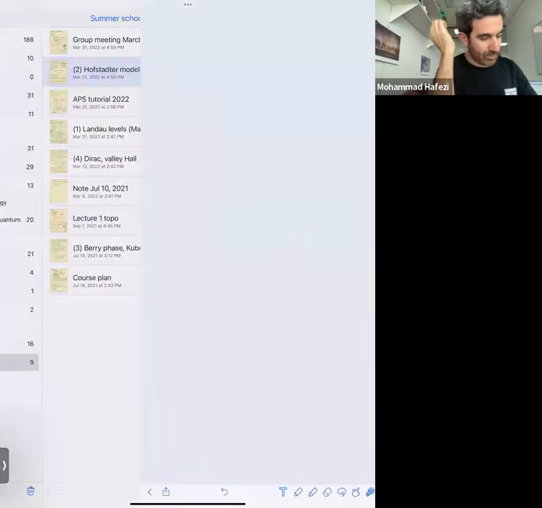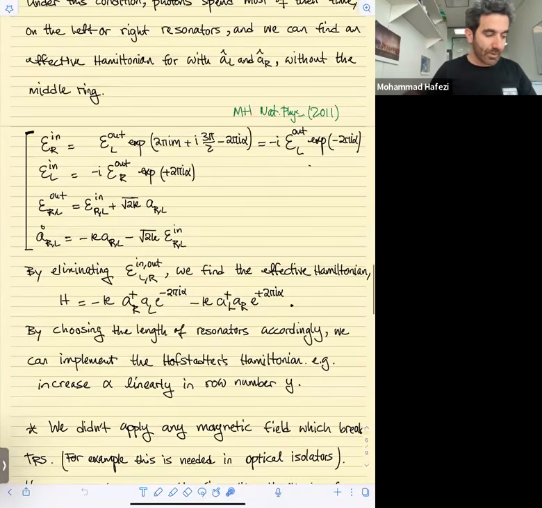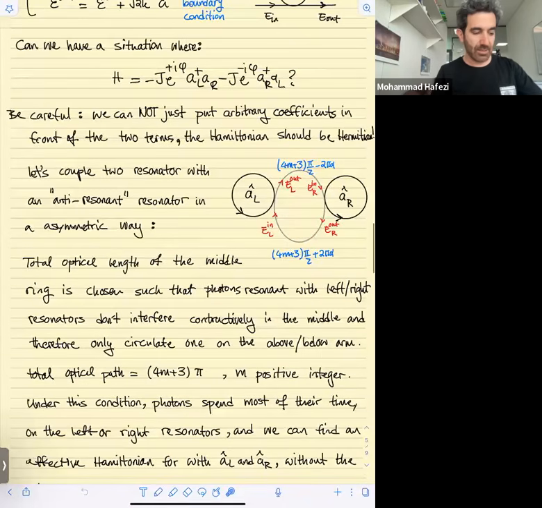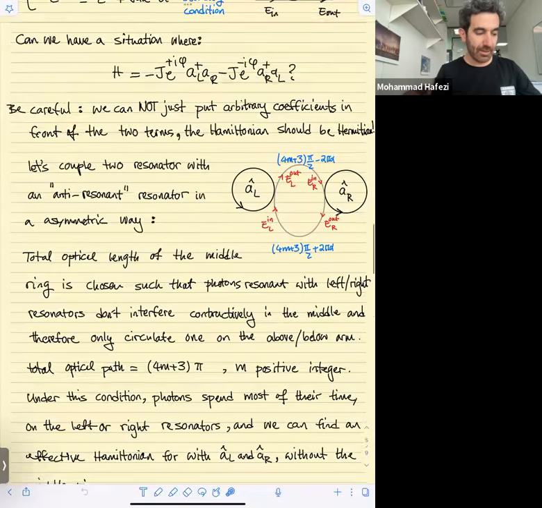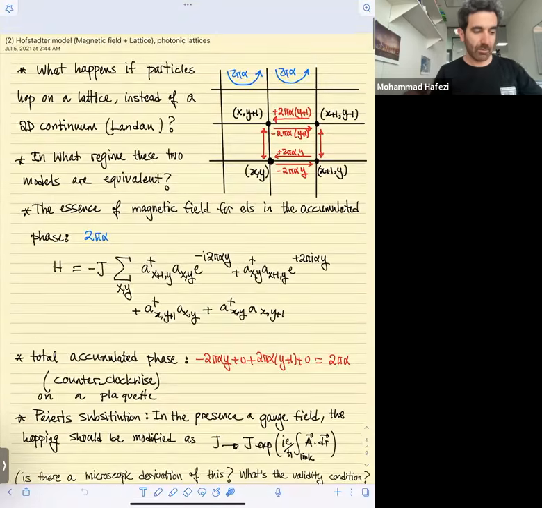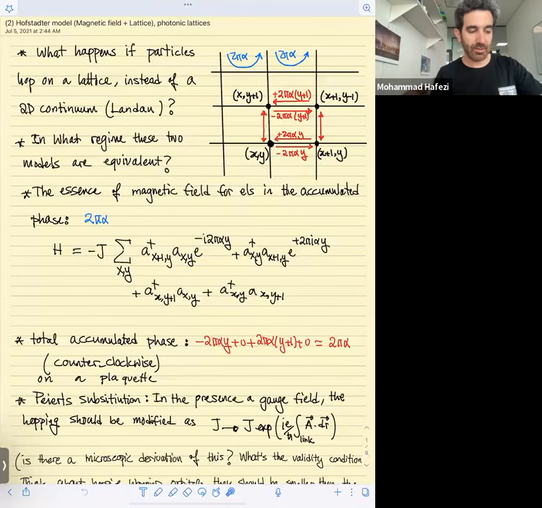Now I just fast forward. Once you have this kind of Hamiltonian and you know that you can tune the phase with this asymmetric phase shift that you have from the upper path and the lower path, then you can tile your system. This would be one resonator, another resonator, another resonator. Then you tile it with these resonators that are shifted with respect to each other, such that you get a 2 pi alpha phase around each plaquette.